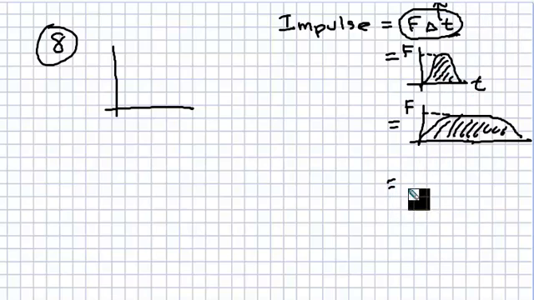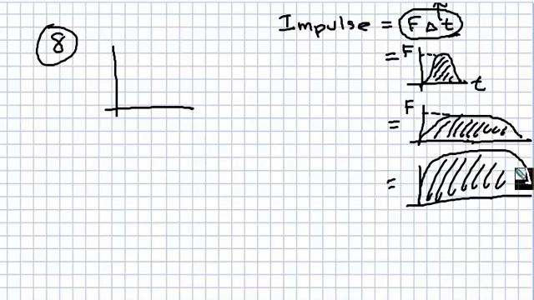But another way to make your impulse bigger is to make your force bigger as well. So that would give an even bigger impulse. Compare that area versus this area. Huge difference. So we want both of those quantities to be large. Both the F and the t need to be big.